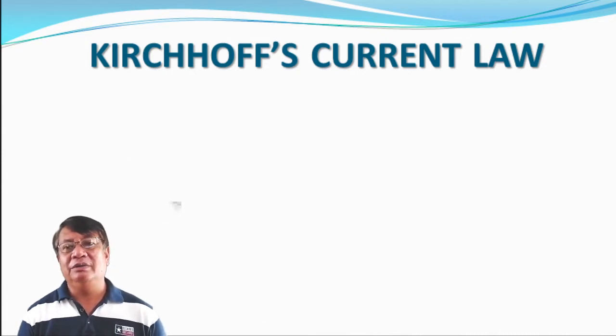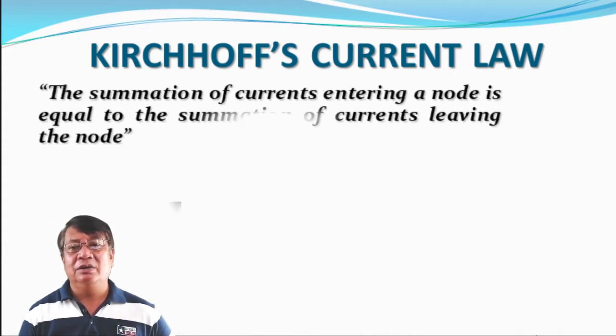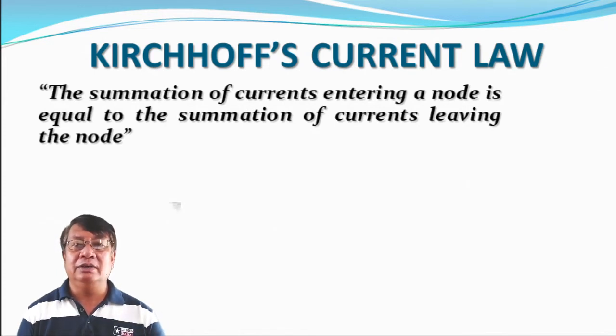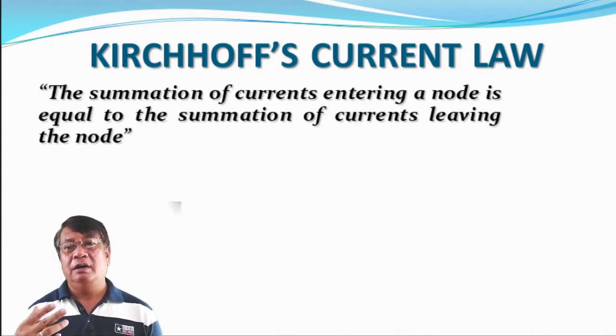So next we are going to discuss Kirchhoff's current law. According to Gustav Kirchhoff, the summation of currents entering a node is equal to the summation of currents leaving that node. That is how Gustav Kirchhoff stated his current law.